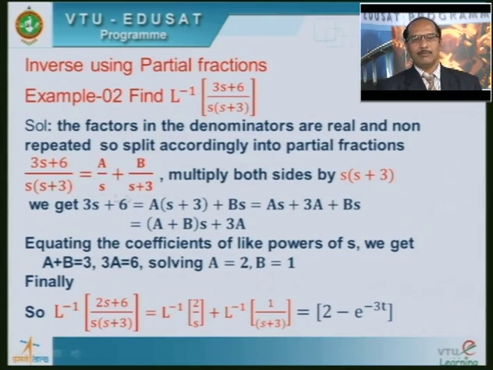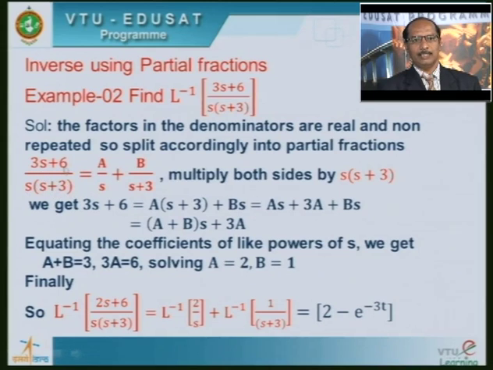Here the problem is to calculate the values of A and B. For that, multiply both sides of the equation by the denominator term s into s plus 3. By multiplying, that term cancels on the left hand side.